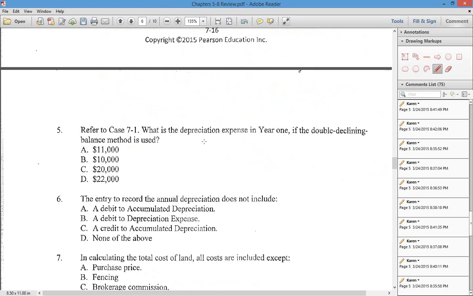So how do we do double declining? The formula is book value times the rate, and that equals the depreciation expense for the period.